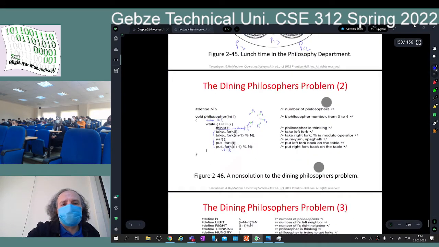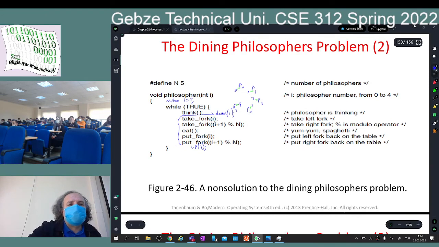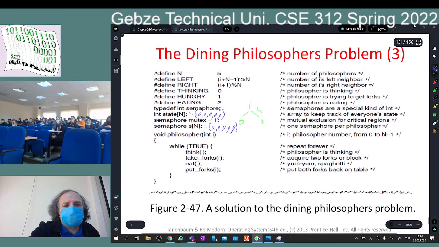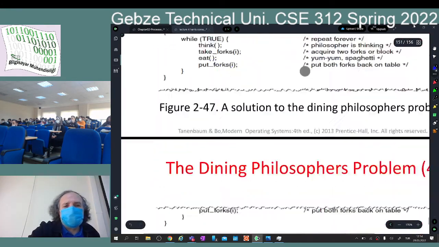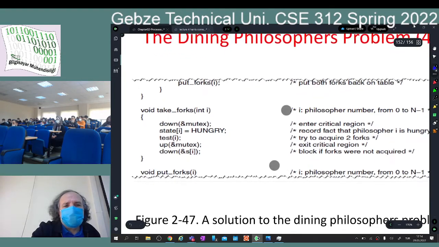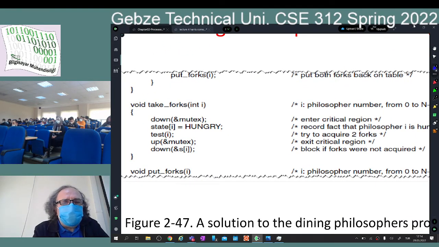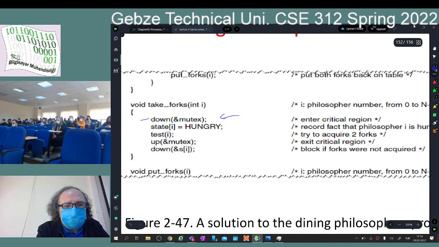Okay, so let's look at this problem again. Let's look at take fork i and take fork i plus 1. Whenever I like to take the fork, I need to get the mutex, and up the mutex after this.